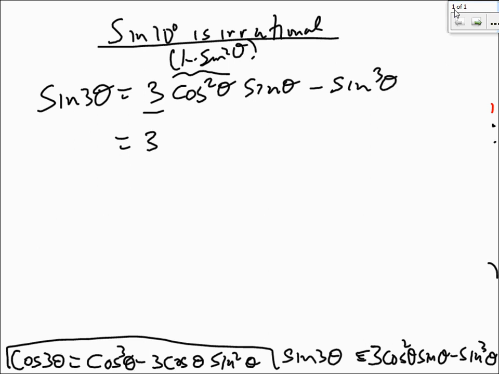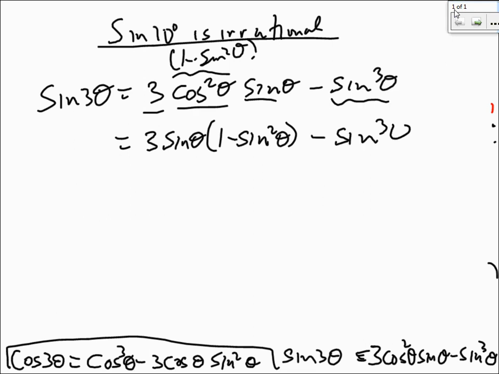So we get 3 sine theta times 1 minus sine square theta. That's the cosine squared minus the rest. Distributing this times 1, of course, is just this, minus 3 sine cube theta.